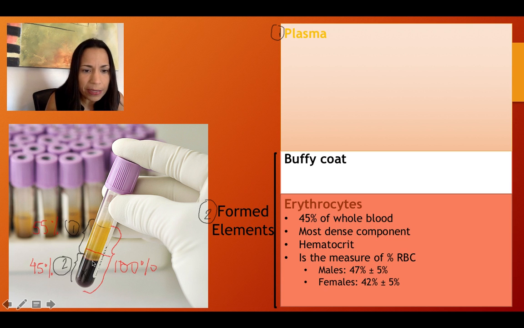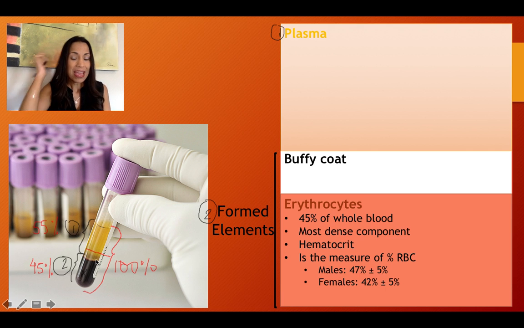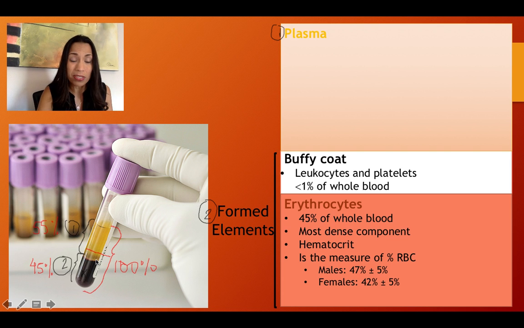But then you see that forming part of the formed element, we have the buffy coat. Or not the erythrocytes, that stripe that you can see in there, and that accounts for less than 1% of the entire whole blood.